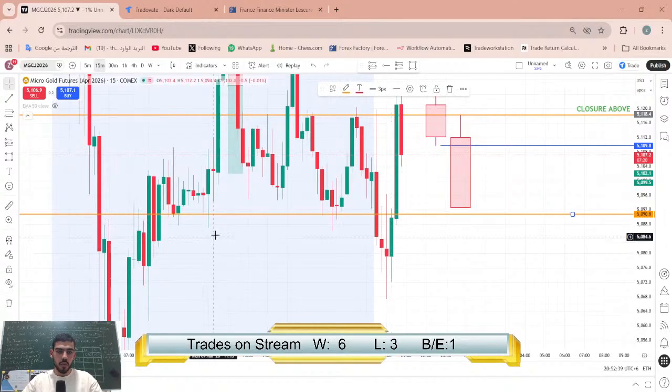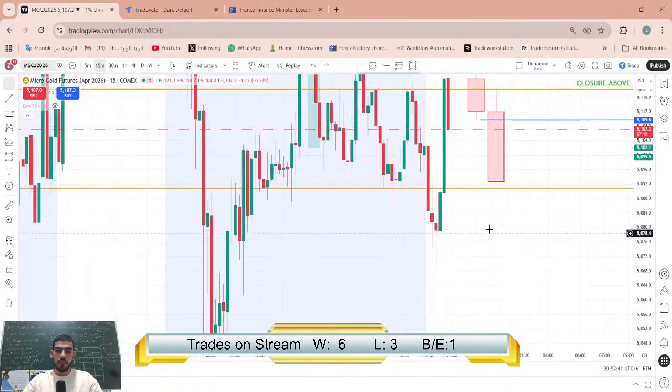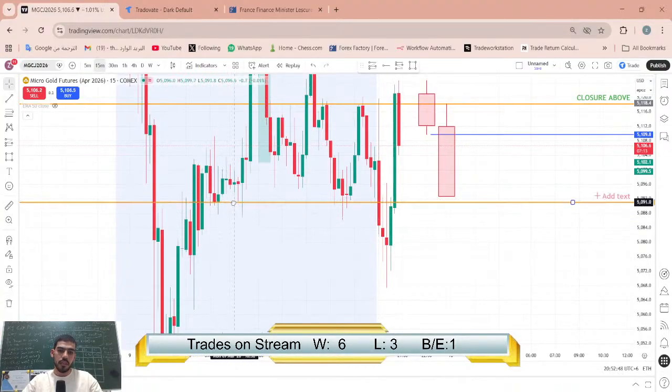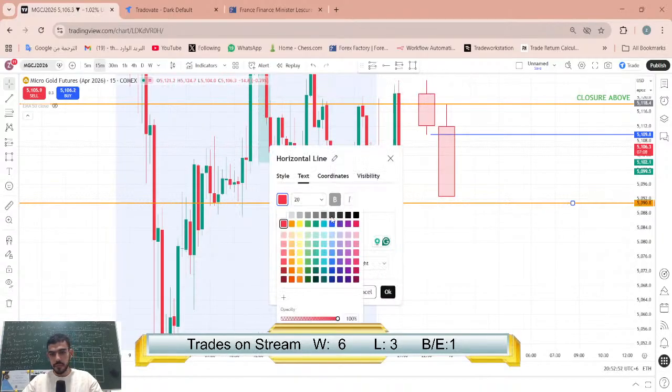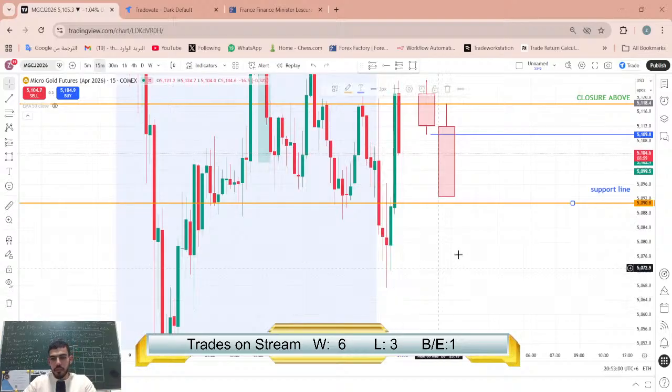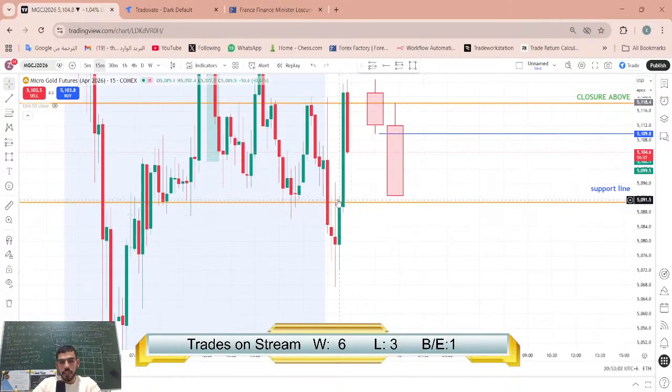This trade will not work with you every time because as you can see, this green candle closed below the support line. This is the support line. So you see this support line, this candle didn't close above.